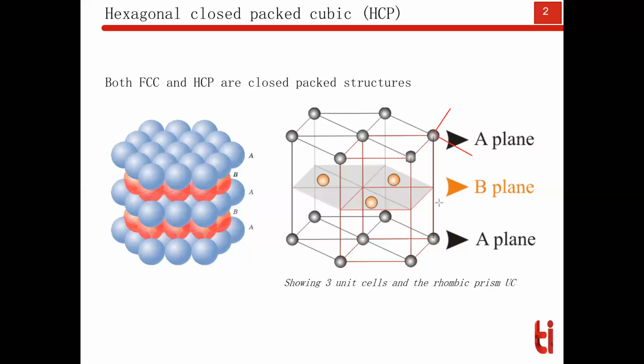One is this, another one is here, and third one is here. And if I go now vertically up, means on the upper region of this atom, then I can have a similar 3 unit cell configuration on the top of this. Means one goes on the top of this, another one will go on the top of this, and the third one will go on the top of this.